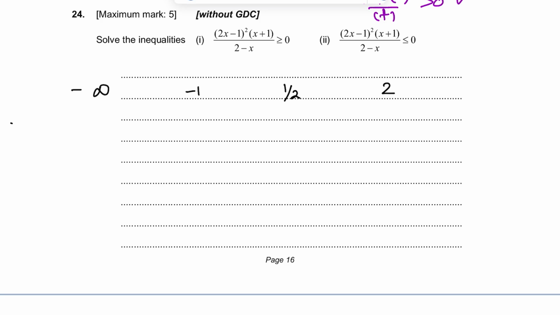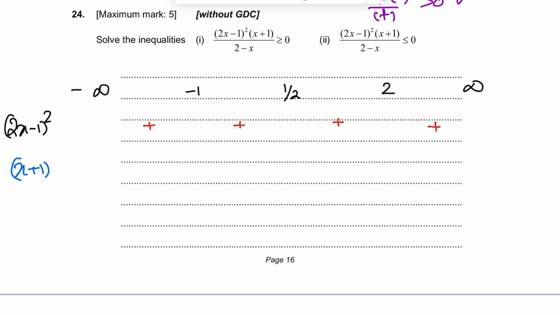So I am going to take 2x minus 1 whole square. 2x minus 1 whole square is going to be positive because the square term is always positive in all the intervals. It is better to take like this. It is positive in all the intervals. Then I take x plus 1.